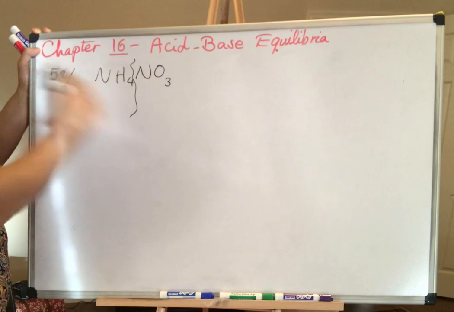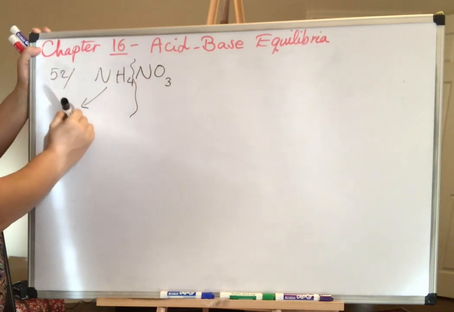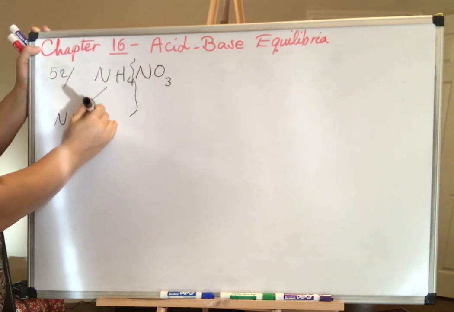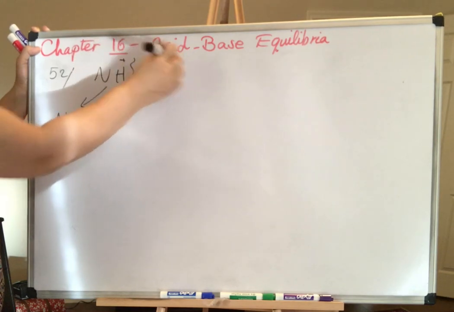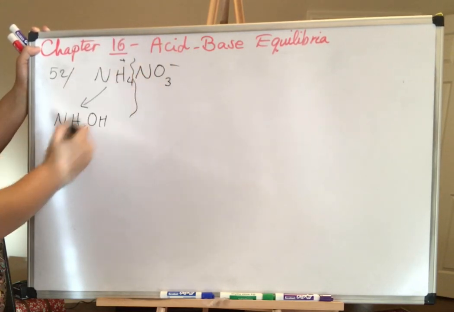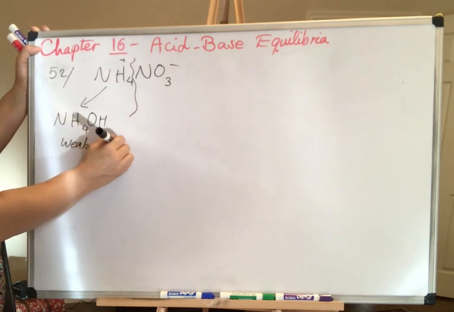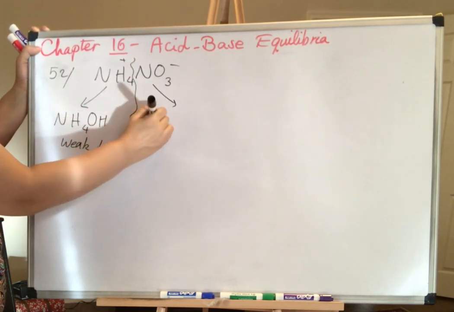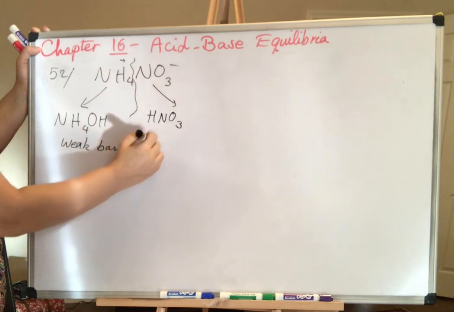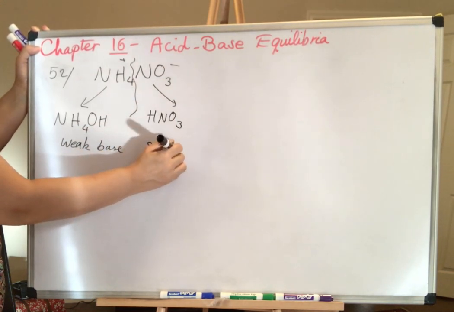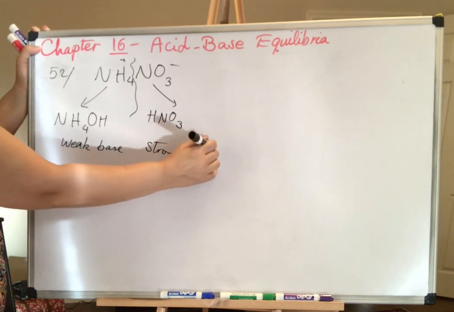So again, let's see. NH4OH, that's positive, that's negative, right? And this is a weak base. HNO3 is a strong acid. So which one wins?